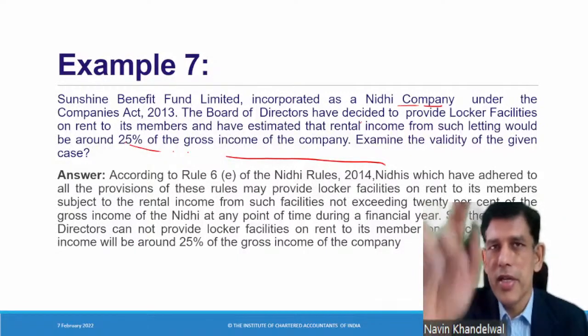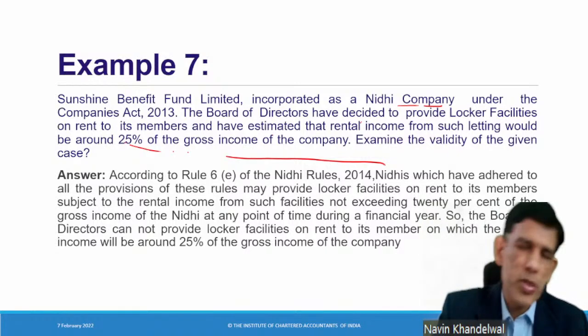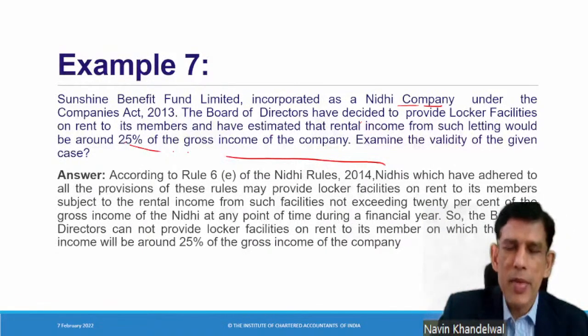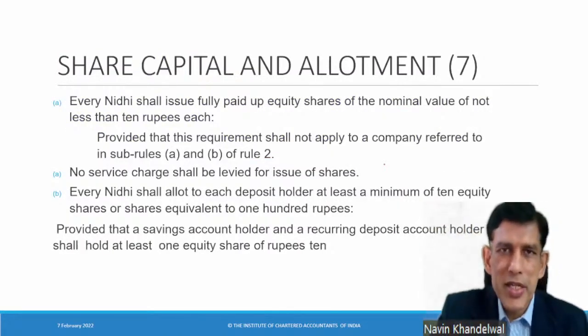And third, the condition, it should not exceed 20% of the gross income for a financial year. So in this case, because it is more than 20%, it is not allowed. The board cannot provide it. So they have to adjust and ensure that it is below 20%. So that was about all the conditions.